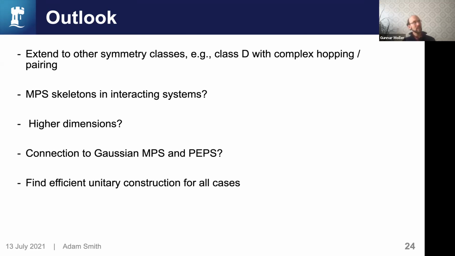But in Gaussian MPS, you don't generally have a short range structure. You can have these Gaussian correlators between any sites on the lattice, whereas yours are kind of short range gates. So it's a bit surprising that there's a connection in a way.